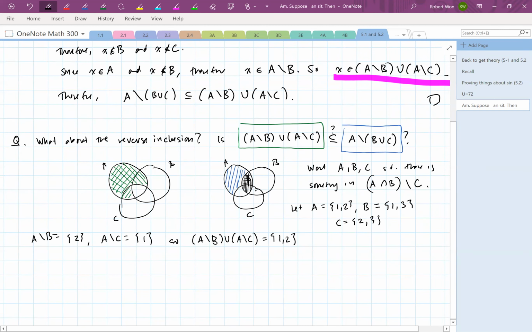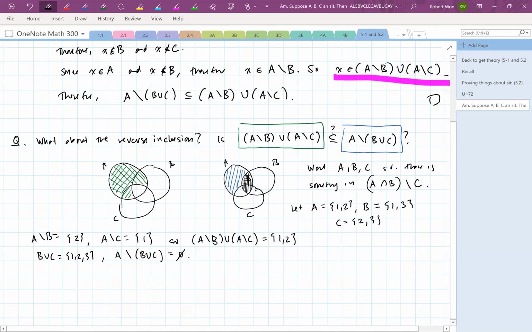But B union C is 1, 2, 3, which means that A minus B union C is the empty set. So in this particular example, 1 is in the left-hand side, but it's not in the right-hand side. So this gives an explicit counterexample that shows that in general, the green thing is not a subset of the blue thing.